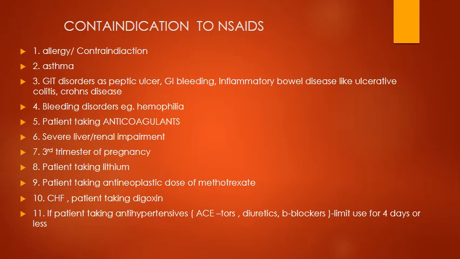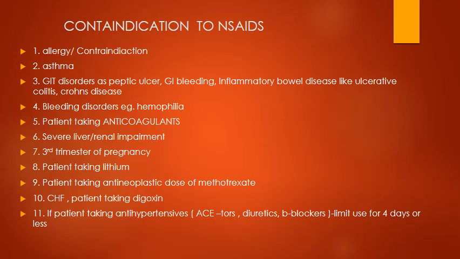Next is congestive heart failure. This is an absolute contraindication. Patient taking digoxin. This is also an absolute contraindication. Now next, if the patient is hypertensive and taking antihypertensive medication that belongs to these three classes: ACE inhibitors, diuretics, and beta blockers.